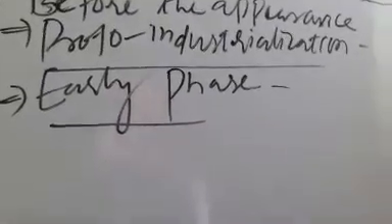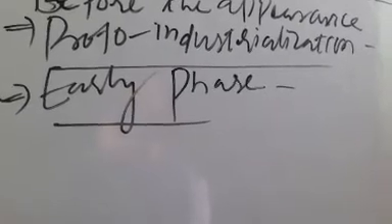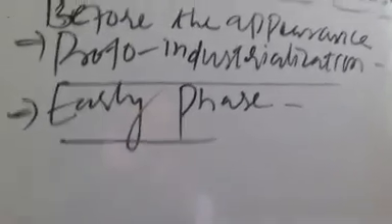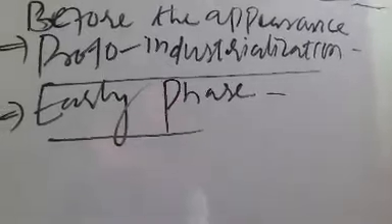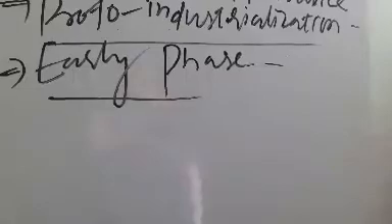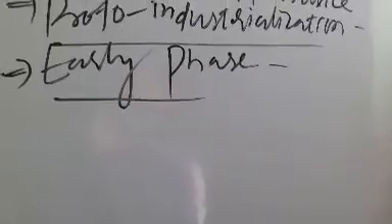So this is the important thing. Before the industrial revolution, before the appearance of industries in Britain and in Europe, there was large scale industrial production, and that production was not carried out in factories, rather it was carried out in the farms. There were workers who were helping in the process of industrial production.